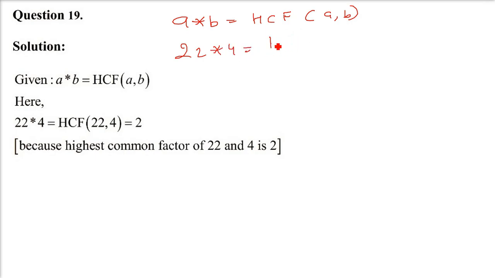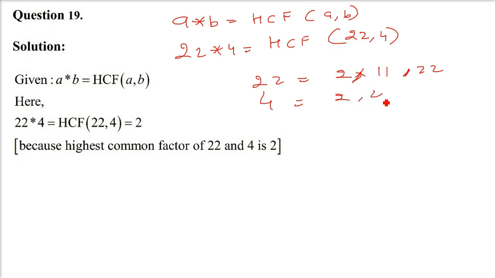The factors of 22 are 1, 2, 11 and 22 itself. 4 is 1, 2 and 4 itself. So what is the highest common one? 2. So 2 is the answer.